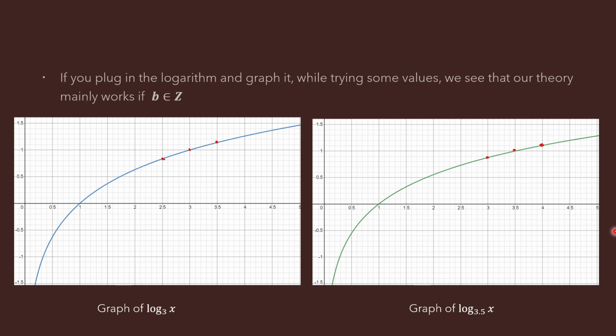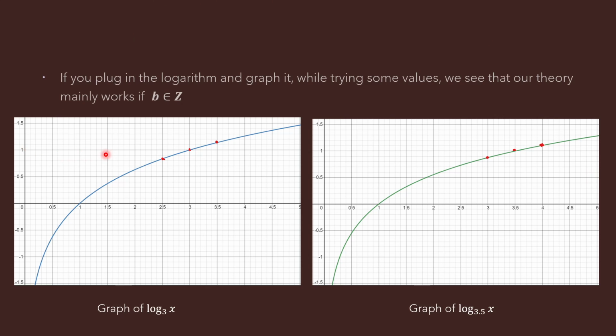So first of all, what I did was I plugged in the logarithm in Desmos and graphed it using different bases to see how it would play out and what it would give me. I did a lot of these, but I only showed two cases, log base 3 and log base 3.5, in order to make this video shorter, of course.